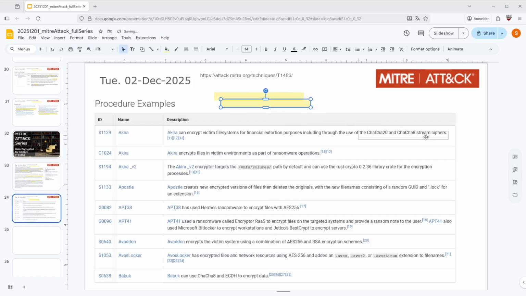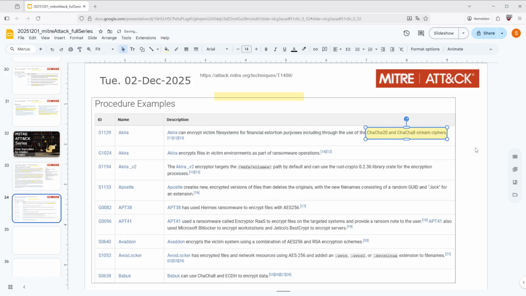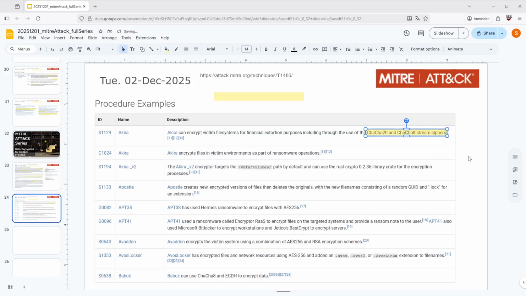Is it worth figuring out what kind of ciphers these are? So stream cipher, that means it's a symmetric encryption, meaning that encryption key equals decryption key. It's not public key infrastructure, public key cryptography. It's a simple symmetric. If you are interested in that, let me know.